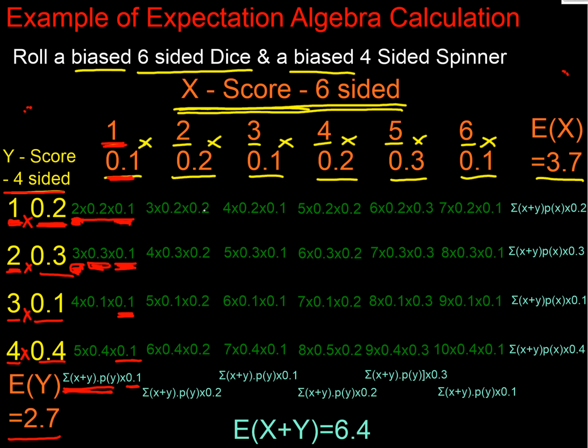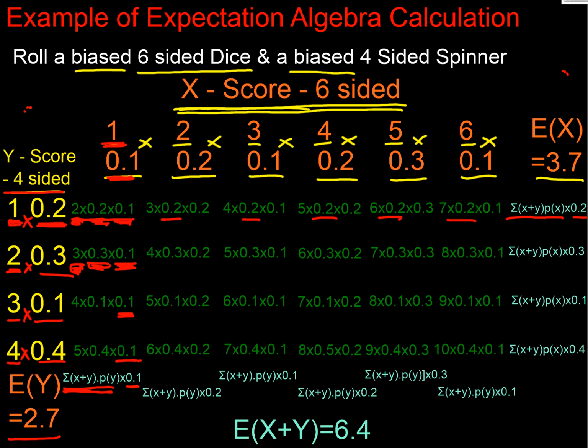And if we went the other way and went along the first row, we'd see every number in the first row has got a multiple probability of 0.2. That 0.2 is the probability of getting 1 on the four-sided spinner, and therefore an algebraic expression for that would be 0.2 times the sum of x and y times the probability of x.